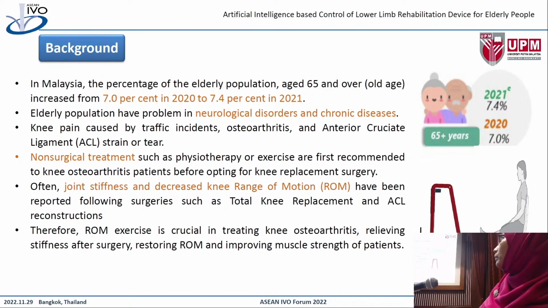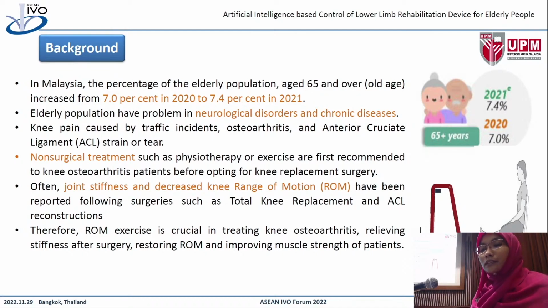Elderly people have problems with neurological disorders and chronic disease. As you can see, in Malaysia the elderly population is increasing. There is also knee pain caused by traffic incidents, osteoarthritis, and ACL strain or tear.